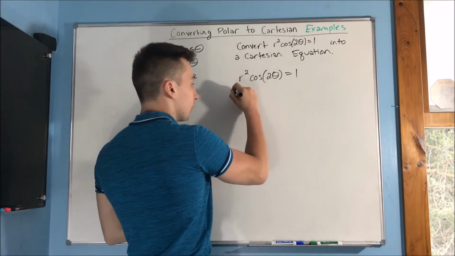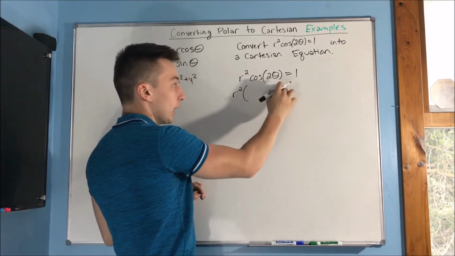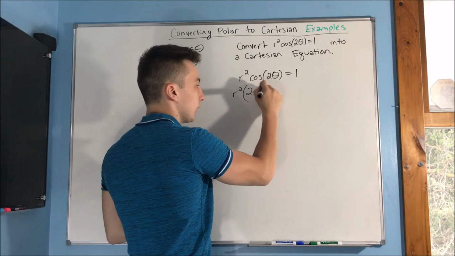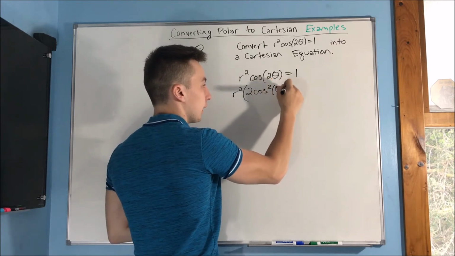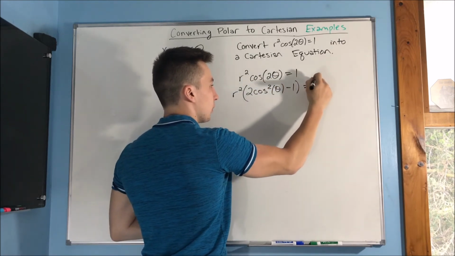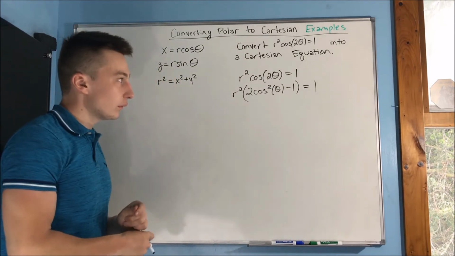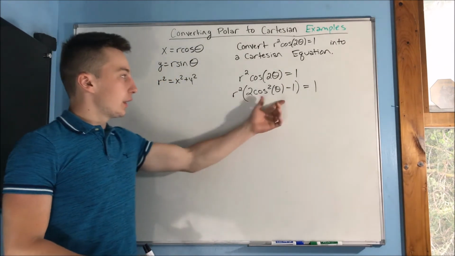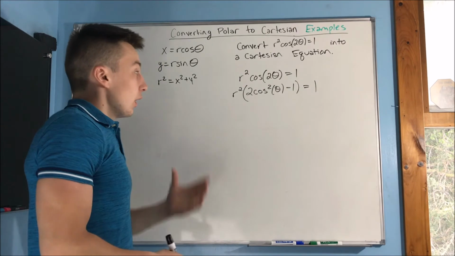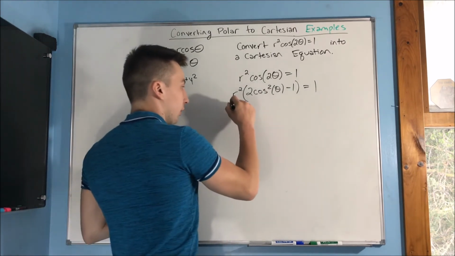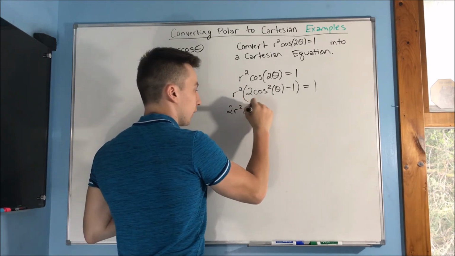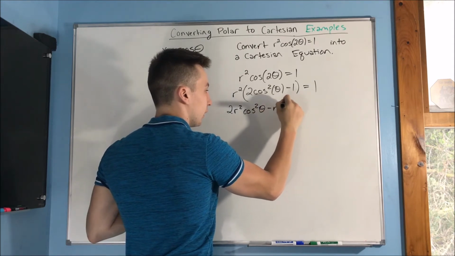So r squared can be multiplied by, we can convert this to 2 cosine squared theta minus 1. That's going to be equal to 1. Alright, so that's just knowing your identities. Now, we can distribute that r squared to get 2r squared cosine squared theta minus r squared equals 1.